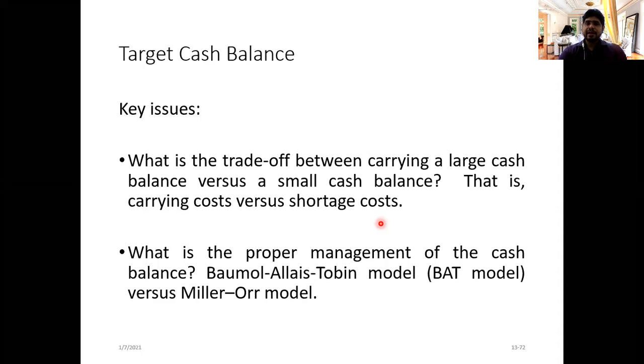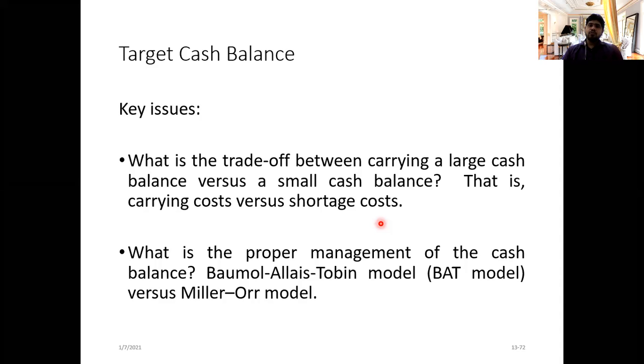So it's about carrying cost versus shortage cost. If you keep more money in your hand, it will generate opportunity cost, that is carrying cost. And also you have to keep the money in a secure way, so it also increases another cost. You have to keep the money safely, so you will have carrying cost. And if you do not maintain enough money in your hand, you will face shortage cost.